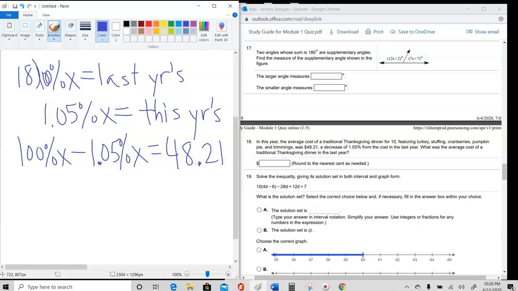Now, before you continue, you must change each percent to a decimal. 100% does not have a decimal point, but it's assumed to be at the end. And you scoot each decimal point 2 places to the left. So that leaves us with 1x minus 0.0105x equal to 48.21.